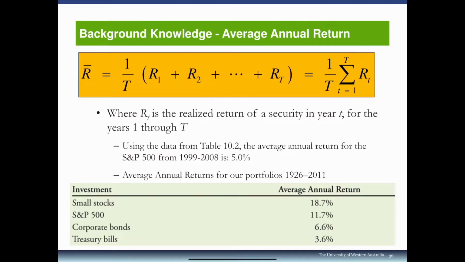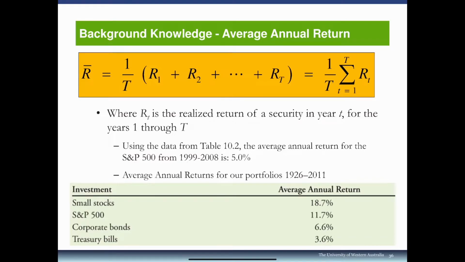So out of that many yearly observations, small stocks give you the highest return. The next one is S&P 500, 11.7%, corporate bonds, 6.6% on average, and treasury bills, 3.6%. So this confirms our previous observation. Treasury bills give you the lowest return, small stocks give you the highest return.